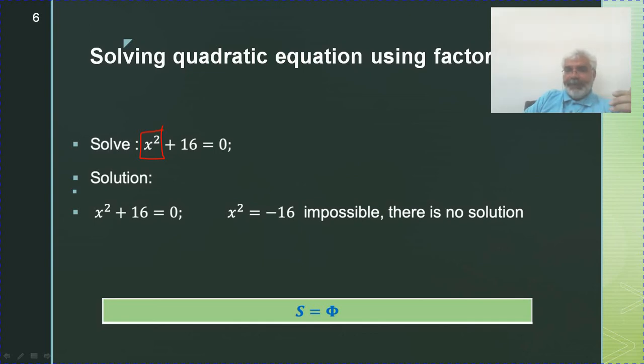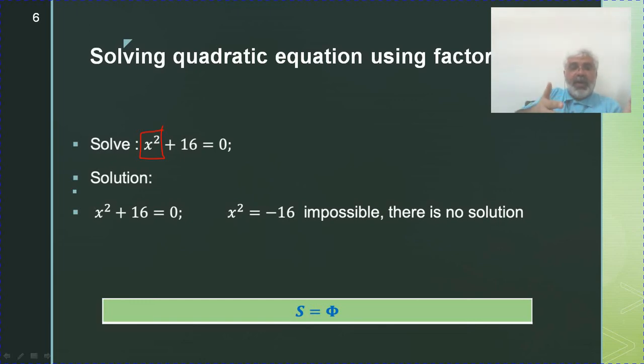Well, it does not make sense. Why? Because x squared will be positive, and you add a positive to another positive and you get 0. This is a false statement, or contradiction. Adding two positive numbers to get 0 is not accepted, and mathematically this is wrong.